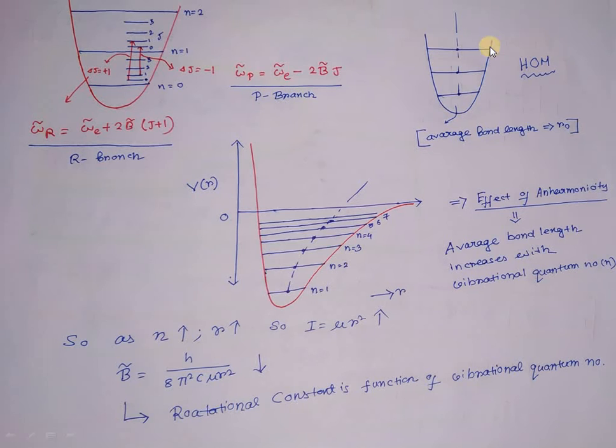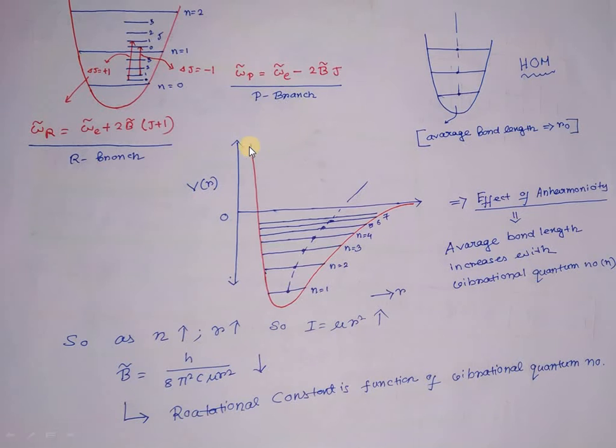Okay, so you can see that for a perfectly harmonic oscillator, the average r0 will remain the same. Whatever the vibrational quantum number is, 0, 1, 2, the average bond length will always be the same in the case of a perfectly harmonic oscillator model system. But we know that actual life is not as simple as the harmonic oscillator model system.